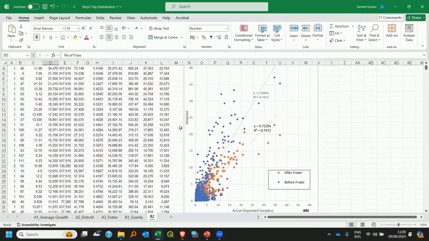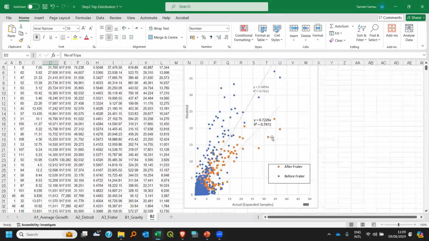After the Frator conversion, the R square shows a relatively high correlation for the trip distribution models. This is very, very basic, and no one can understand completely about the trip distribution models. However, based on these results, the trip distribution model is developed.